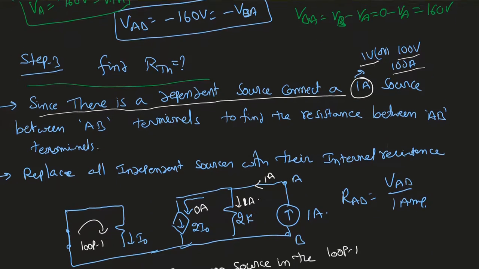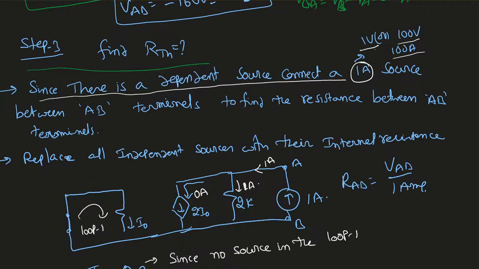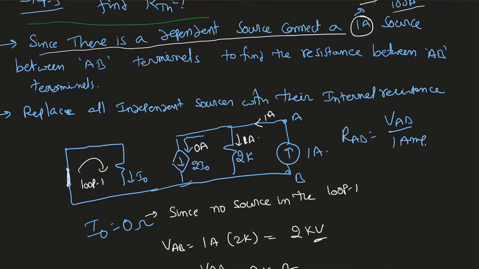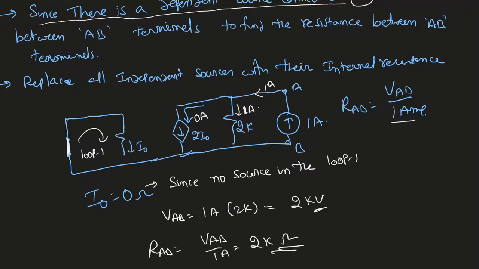Always take a 1 ampere source between the AB terminals to find the resistance between the AB terminals, and replace all independent sources with their internal resistance. So here I'm replacing the voltage source with a short circuit, and since I have a dependent source, I'm connecting a 1 ampere source. So here my RAB is nothing but VAB over 1 ampere. Now, since there is no voltage source, my I0 equals 0, and the current passing through this branch is 0.